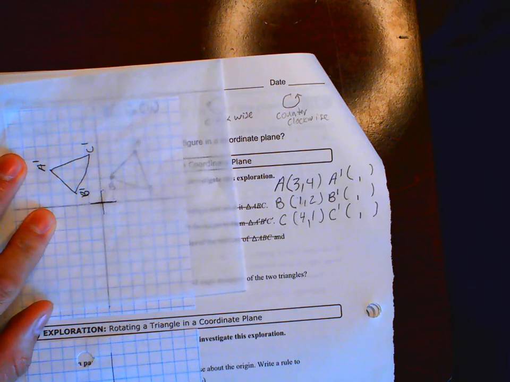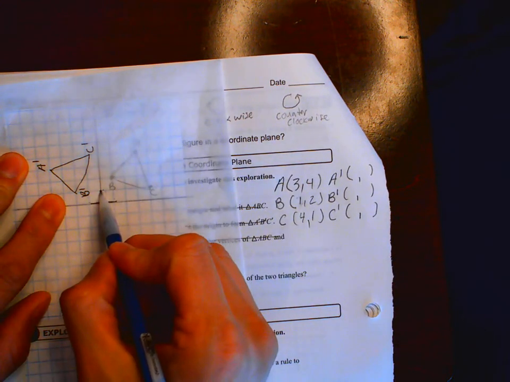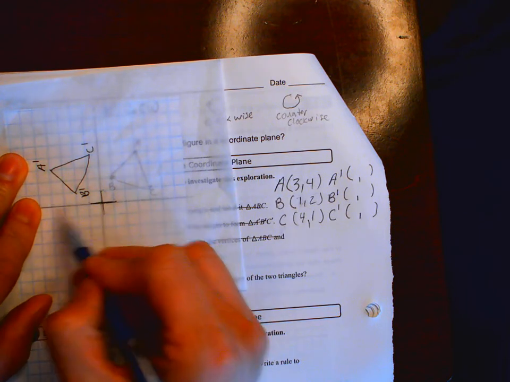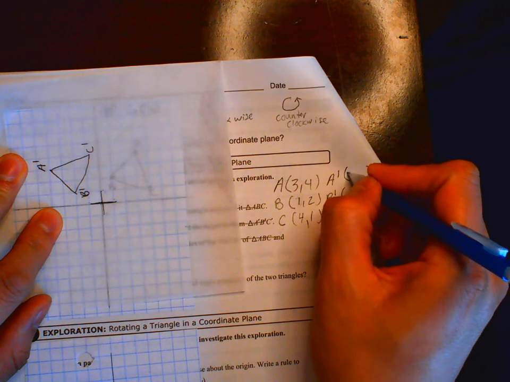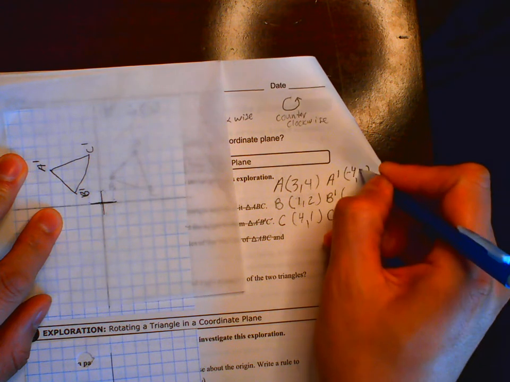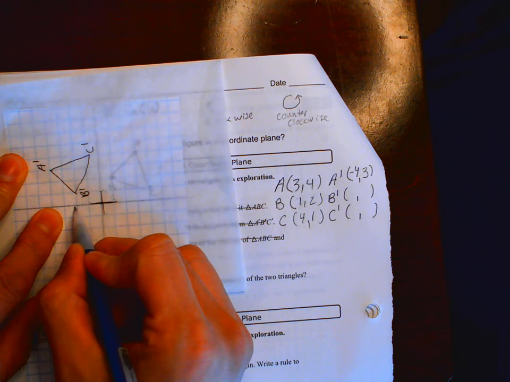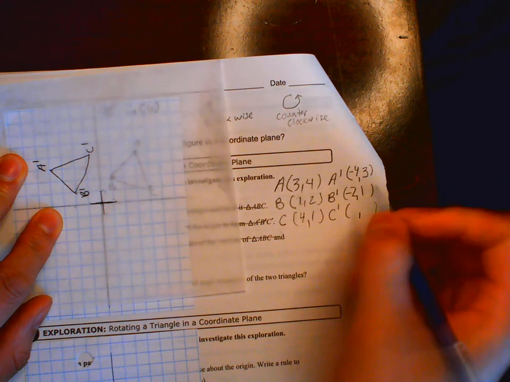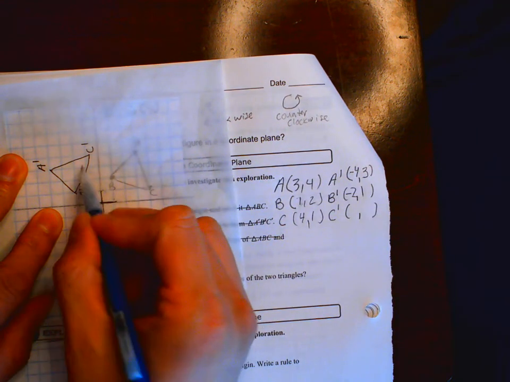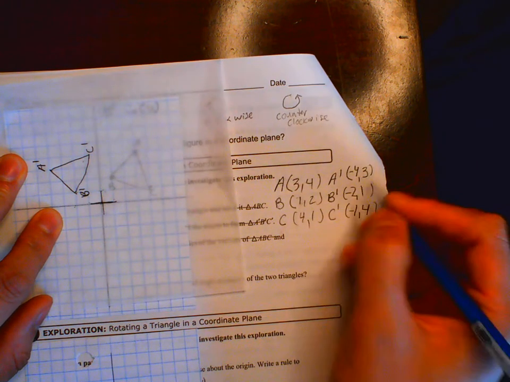The coordinates here happen to be for A, -4, +3. For B, it happens to be -2, +1. And for C, -1, +4.